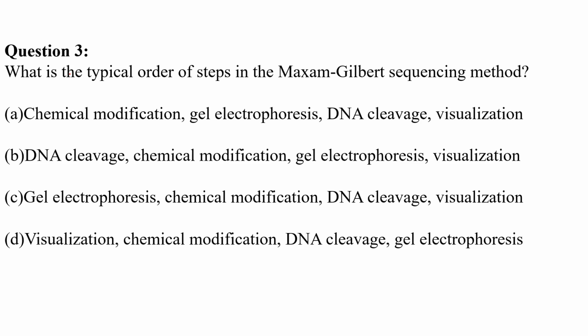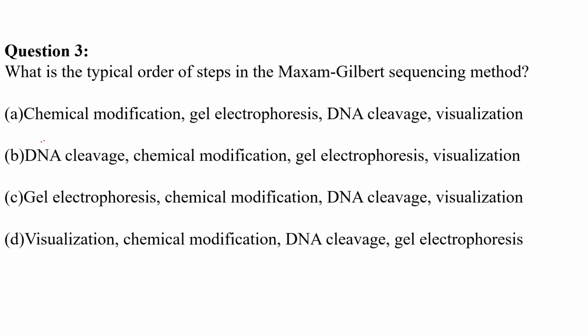So what is the typical order of steps in the Maxam-Gilbert sequencing method? Do we do chemical modification first, or DNA cleavage first, or gel electrophoresis first, or visualization first? What do we do first and what do we do last?